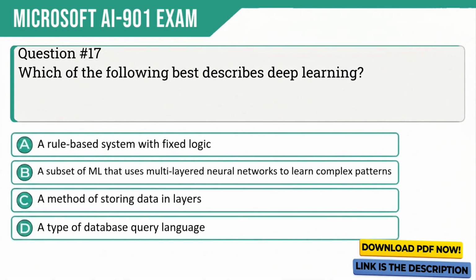Question number 17. Which of the following best describes deep learning? A. A rule-based system with fixed logic. B. A subset of ML that uses multi-layered neural networks to learn complex patterns. C. A method of storing data in layers. D. A type of database query language.